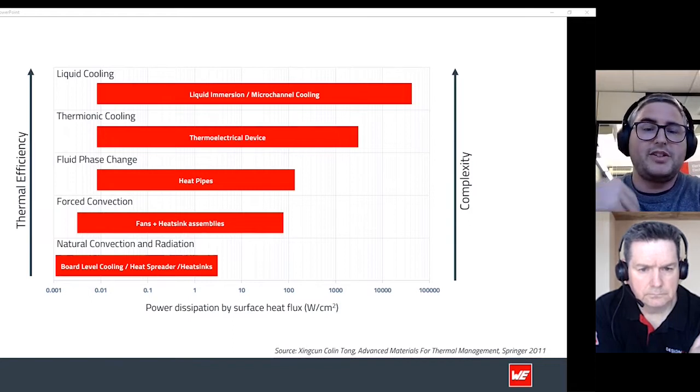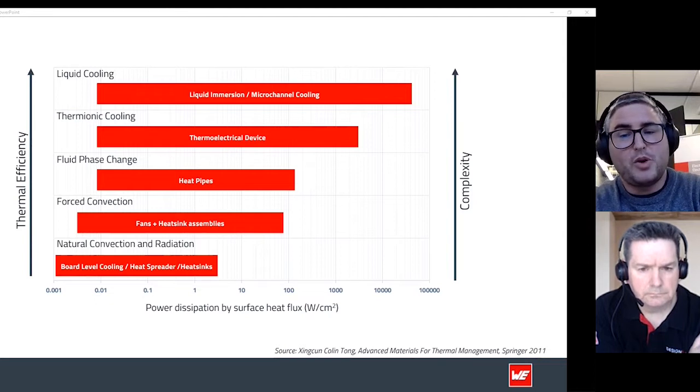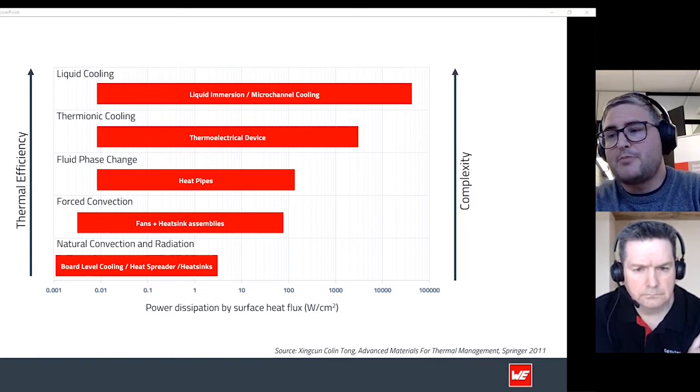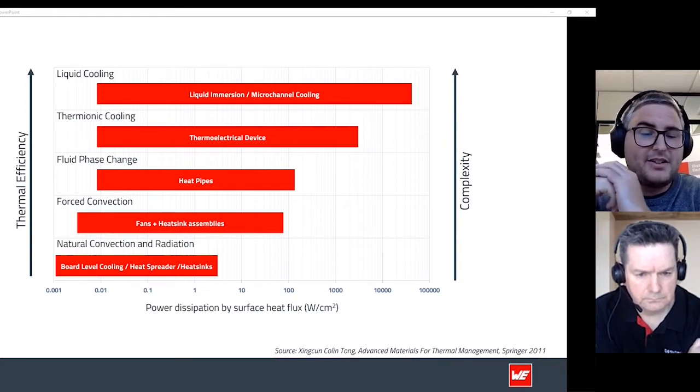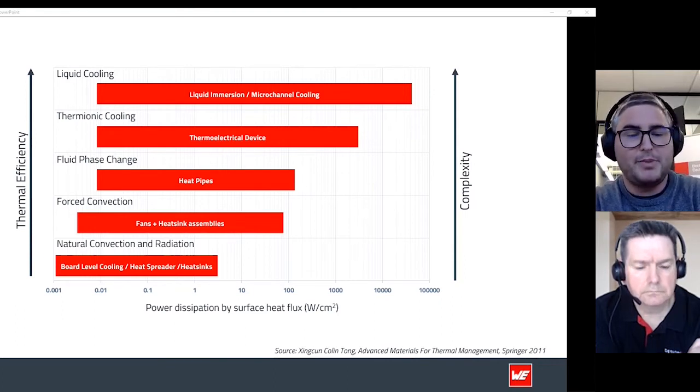Of course, the more efficiency we have, the more complexity it brings to the system, because the probability of failure is not the same for a passive heatsink just passing thermal energy down to the ambient as for liquid cooling, where a pump is pumping a liquid.